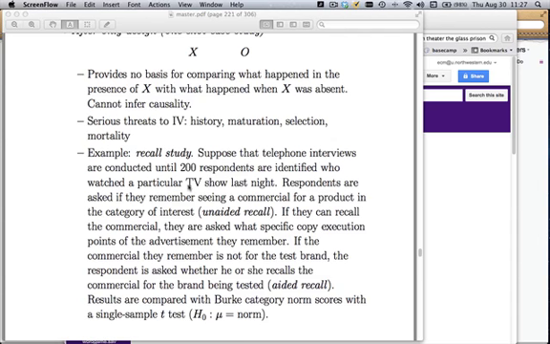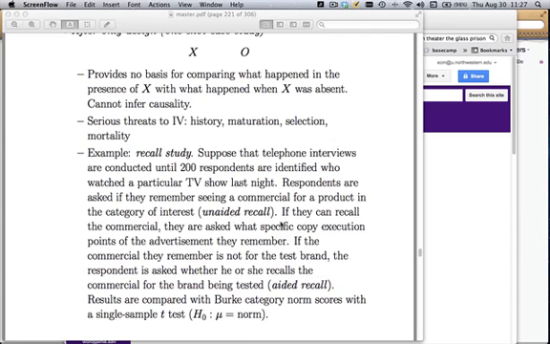Let's say our ad is for a Toyota Camry. Then I'd ask about the category of interest. Do you remember any automotive commercials that appeared during that show last night? And if the respondent said, oh, there was that really cool Toyota Camry ad, then that's classified as unaided recall.